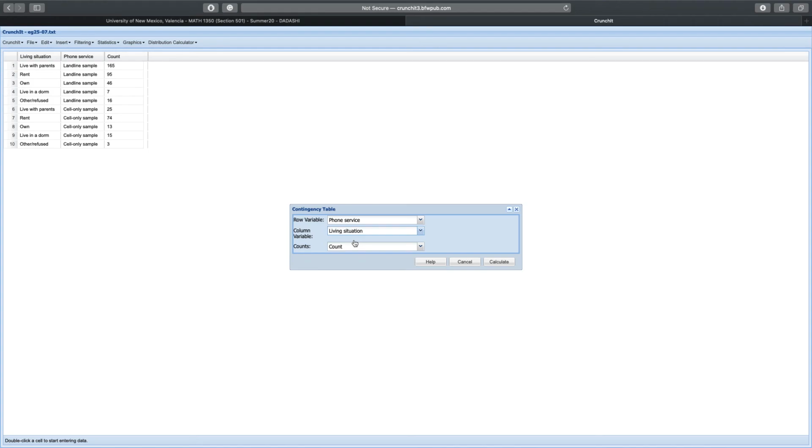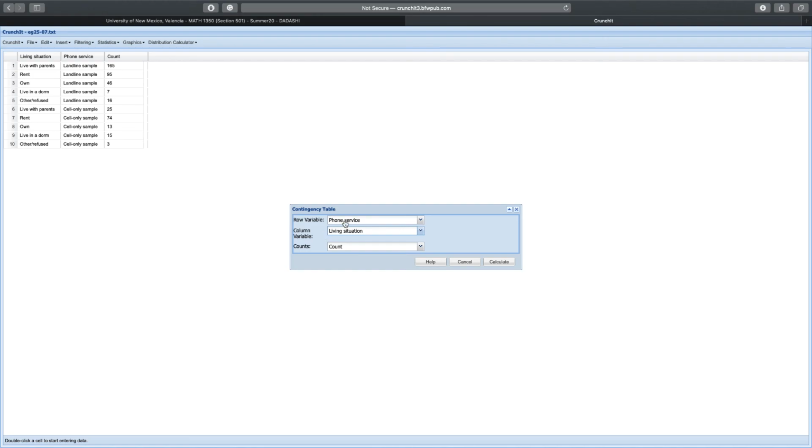Normally, if we know which variable is the dependent variable and which is the independent variable, the explanatory or independent variable goes in the row and the dependent variable goes in the column. But in this case, we are just investigating the relationship between these two variables, right? Maybe both of them are independent variables. We want to just see if there is a relation between these two.